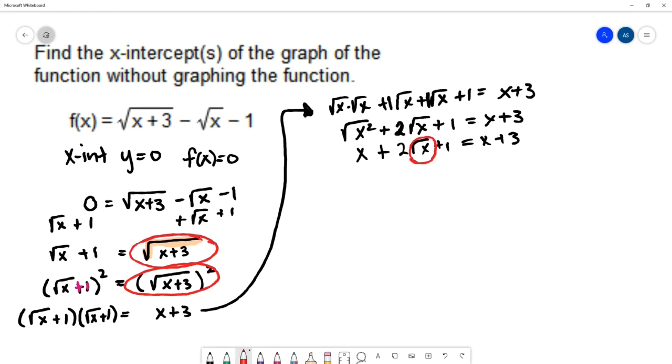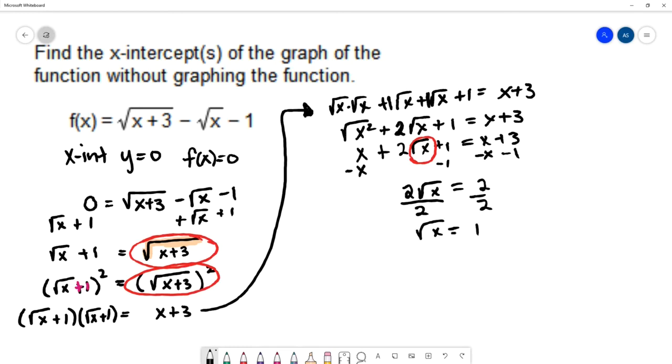We want to isolate that radical and then eliminate it by squaring both sides. I'm going to subtract 1 on both sides, subtract x on both sides. That gives 2 square root x equals 2. Divide both sides by 2. We have square root x equals 1.